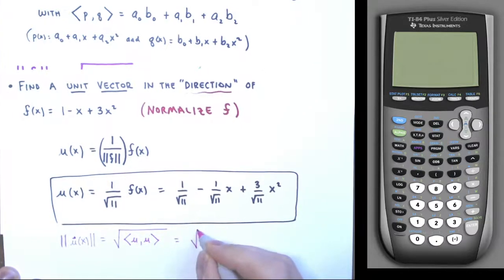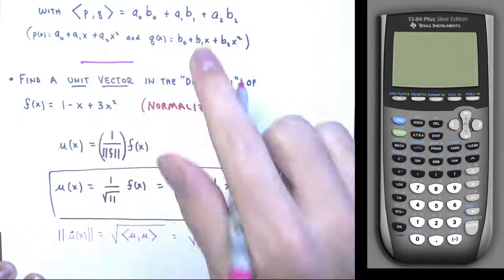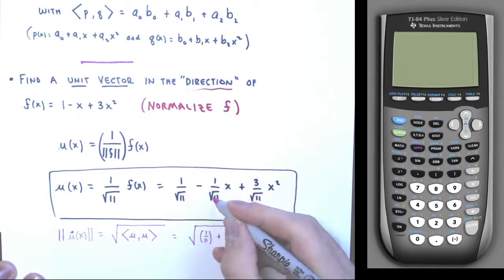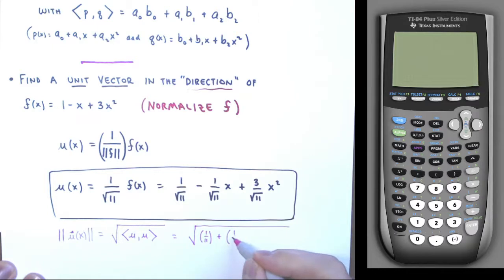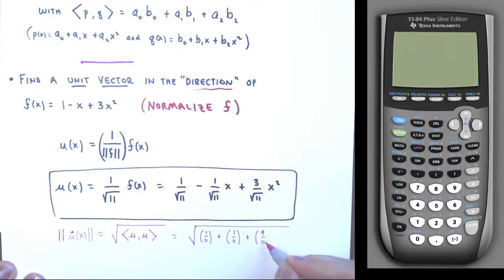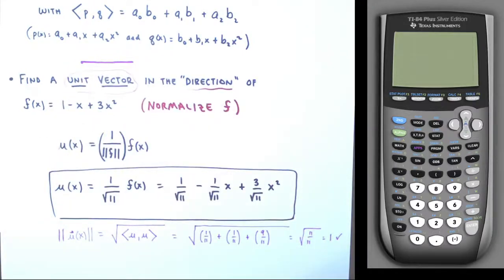So it's the square root of, and again, using this inner product, that's 1 over the square root of 11 squared, so 1/11th, plus negative 1 over the square root of 11 squared, that's 1/11th again, plus, and then 3 over the square root of 11 squared, it's 9/11ths, and we get the square root of 11/11ths, which is just 1. It is indeed a unit vector. It has a norm of 1.